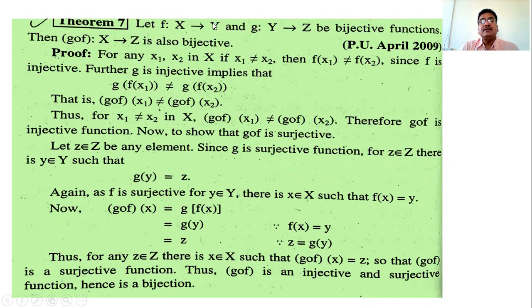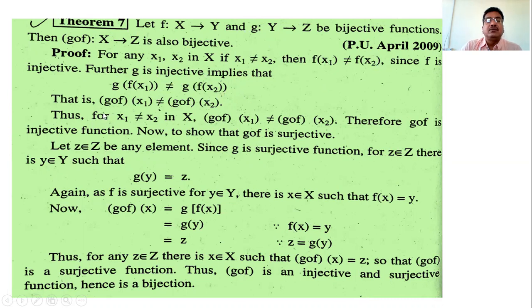F is injective, and x1 and x2 are elements of this set X, therefore their images under F in Y, that is F of x1, is not equal to F of x2. These are elements of Y, and therefore their images under G, that is G of F of x1, is not equal to G of F of x2, because G is injective.